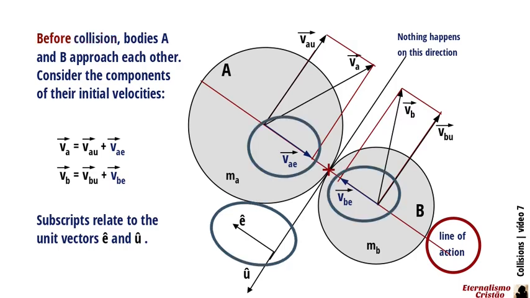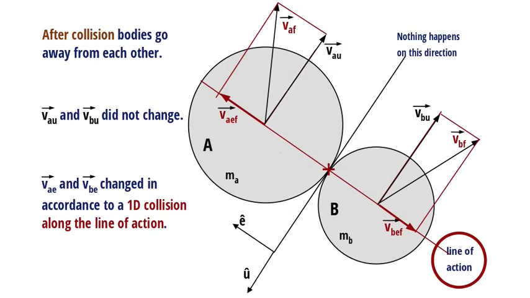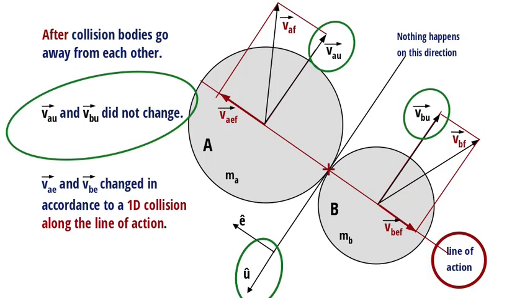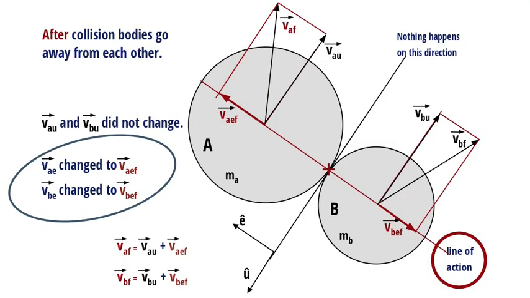Everything happens along the direction of unit vector E. After collision, bodies go away from each other. Components along the direction of unit vector U do not change. VAE and VBE will change in accordance with a 1D collision, which happens along the line of action, the direction of unit vector E.